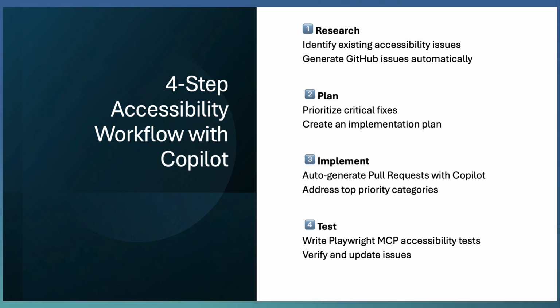In step 1, we do research to identify the existing accessibility issues in our project. In step 2, we plan and prioritize critical fixes and create an implementation plan. Step 3 is to implement the identified accessibility fixes. In step 4, we write the accessibility tests using the Playwright MCP server. Let's just quickly move to the demo.